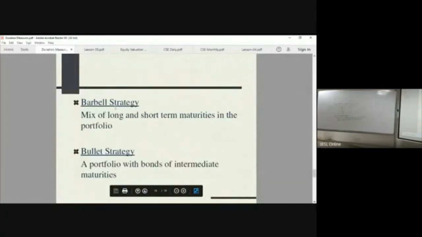Now there are two strategies I have just put here. First, the barbell strategy: a mix of long and short-term maturities in the portfolio. As a portfolio manager, you need to see how you can get a good mix of bonds.